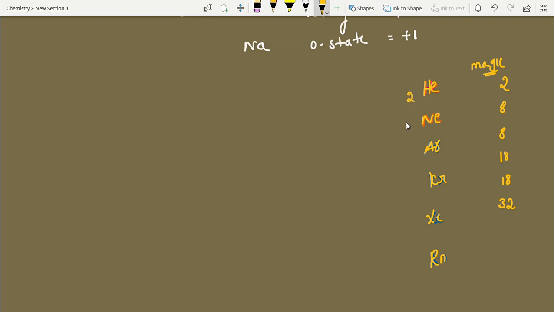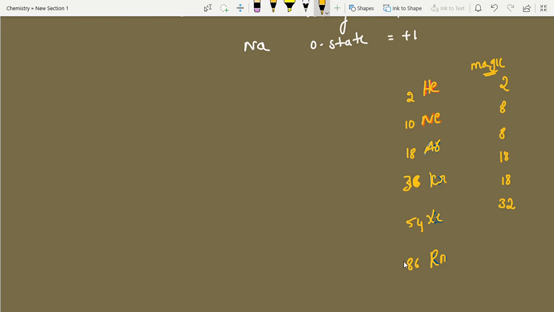Plus 8, 10, plus 8, 18, plus 18 gives 36. 36 plus 18, 54. And this is 86. Like that we can find the atomic numbers.